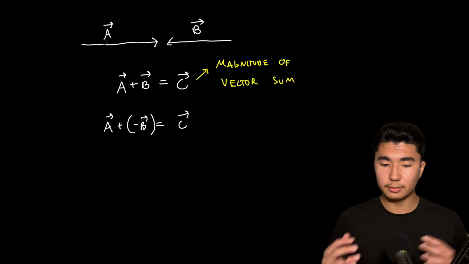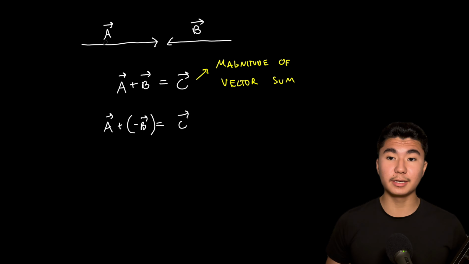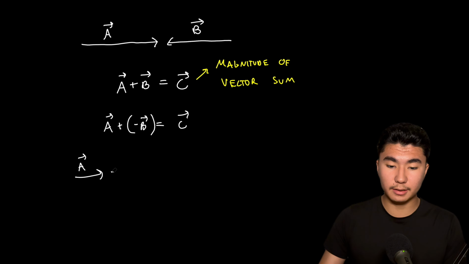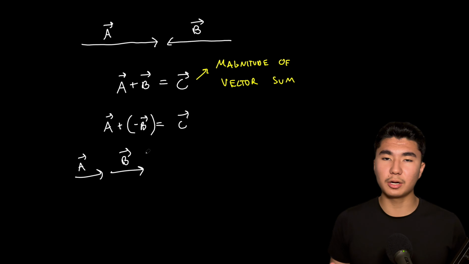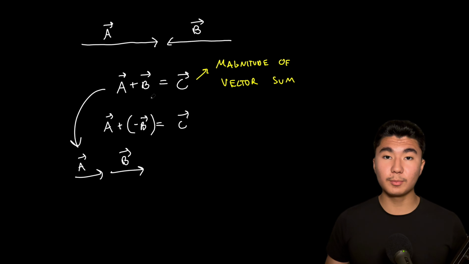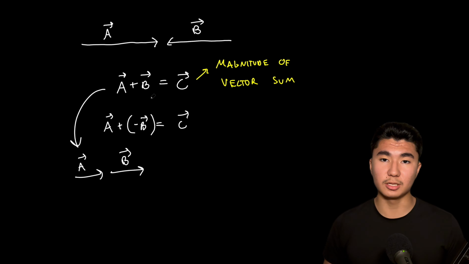So let's look at some other examples for calculating vectors. If we had an A vector over here and a B vector over here, and this isn't drawn to scale, let's just assume they're both the same magnitude. Same direction, we're going to be adding them up. Different direction, we're going to be subtracting them, since one of them is in the opposite direction.